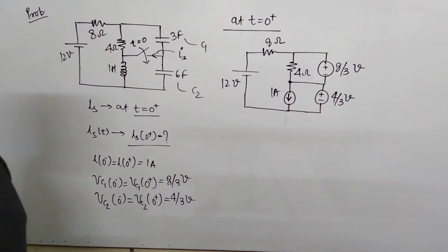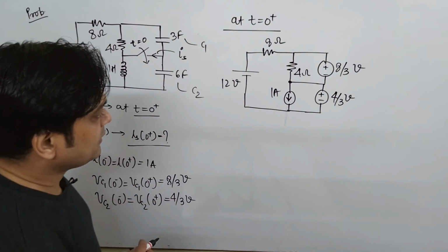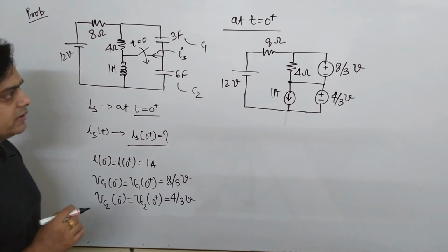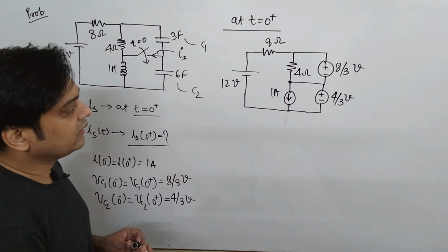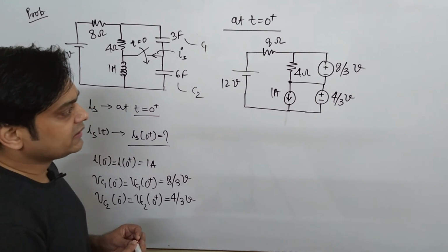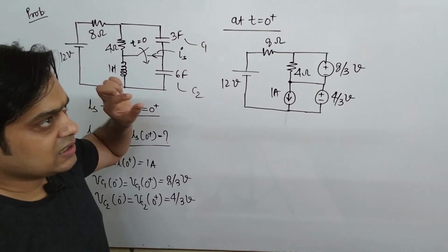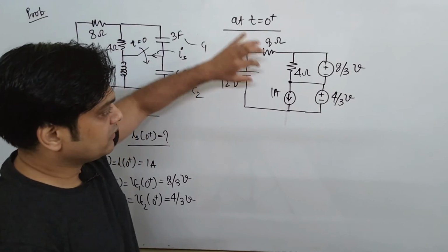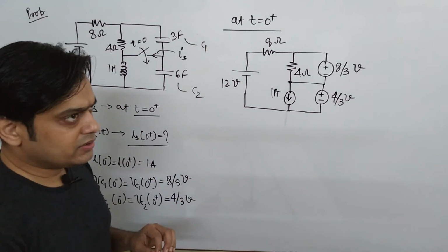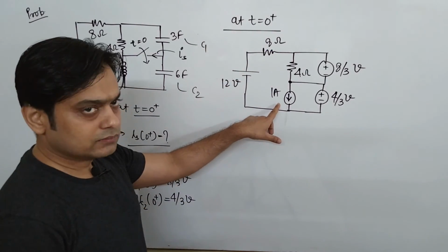As I told you earlier in my previous videos on initial conditions, if an inductor or a capacitor is initially charged, then in case of an inductor, at t equal to 0 positive, the charged inductor behaves like a current source.